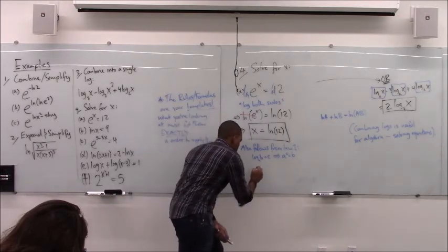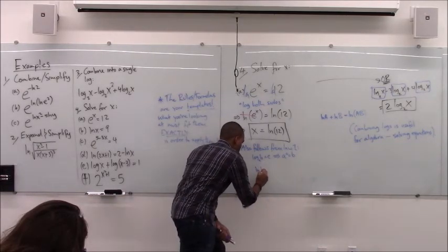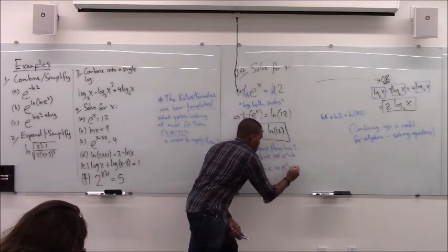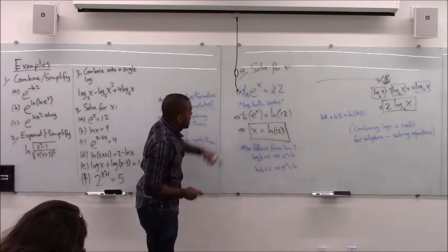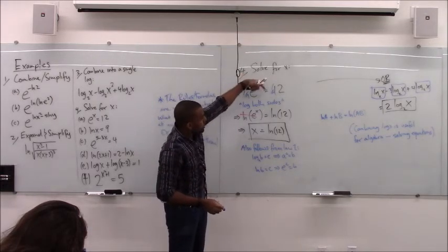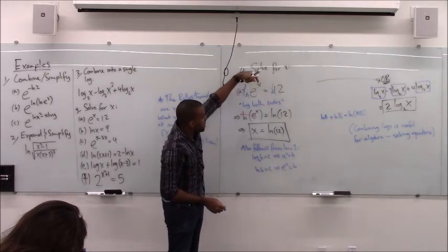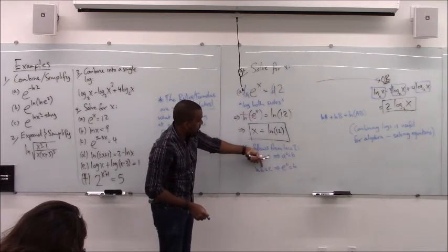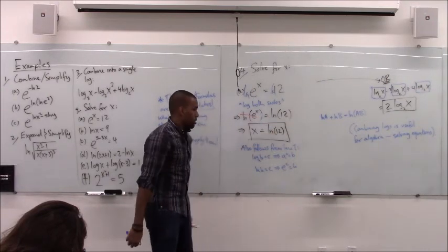Or in the ln version, that means if I have ln of b equals c, then it means e to the c equals b. Which means here I started out with like an e to the c equals b. So the 12 is like my b, the x is like my c. So how do I solve for c? Well, it's going to be ln of the b, which is ln of the 12.